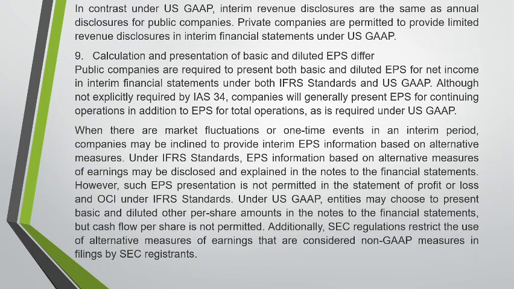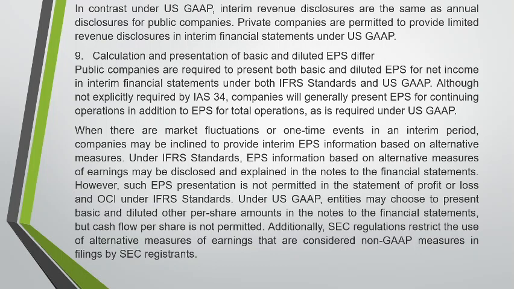In contrast, under US GAAP, interim revenue disclosures are the same as annual disclosures for public companies. Private companies are permitted to provide limited revenue disclosure in interim financial statements under US GAAP.